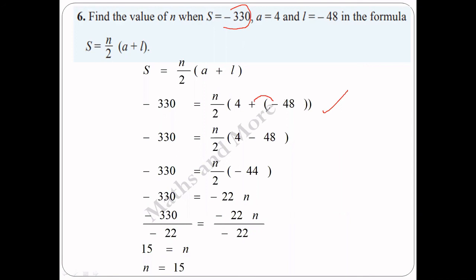If you multiply different signs, you will get a minus sign. Bracket means there is a multiplication. This minus 48 goes right to here. Here there is a plus sign, that plus sign goes here. Here the value is minus 48. I can write that within brackets.